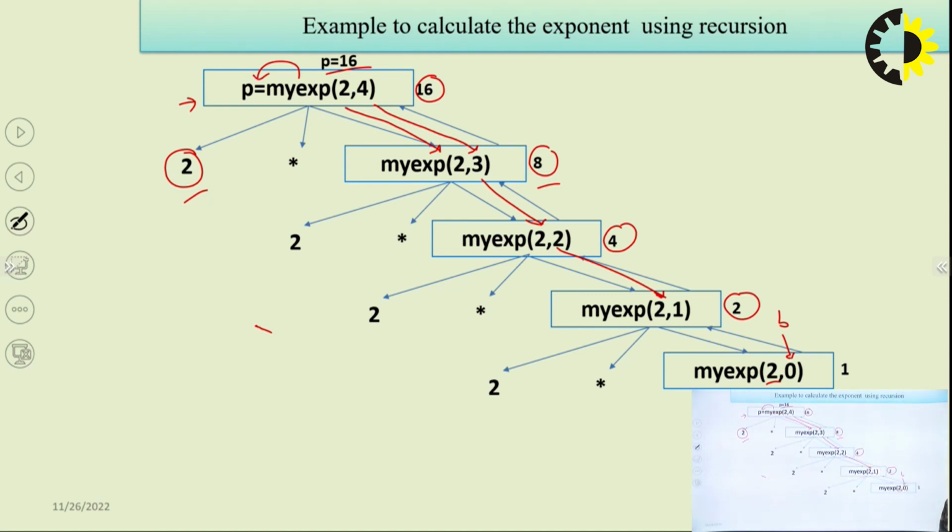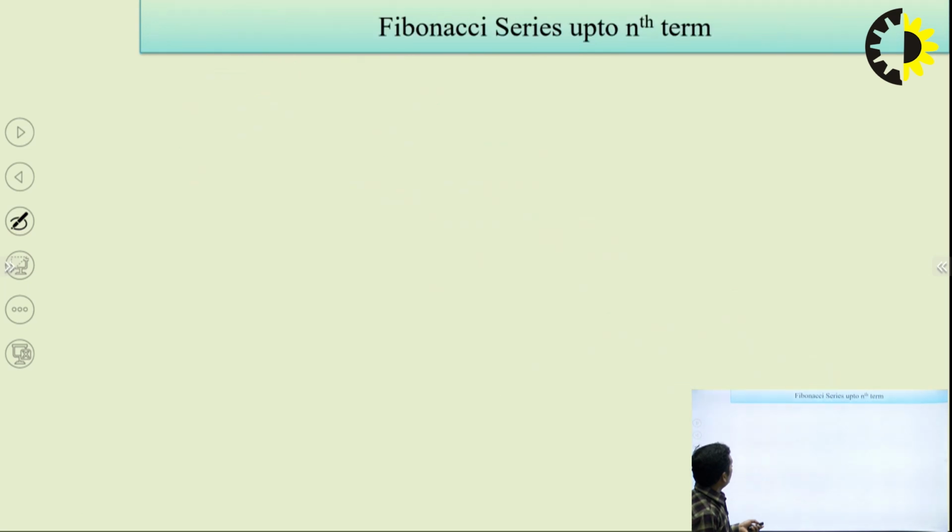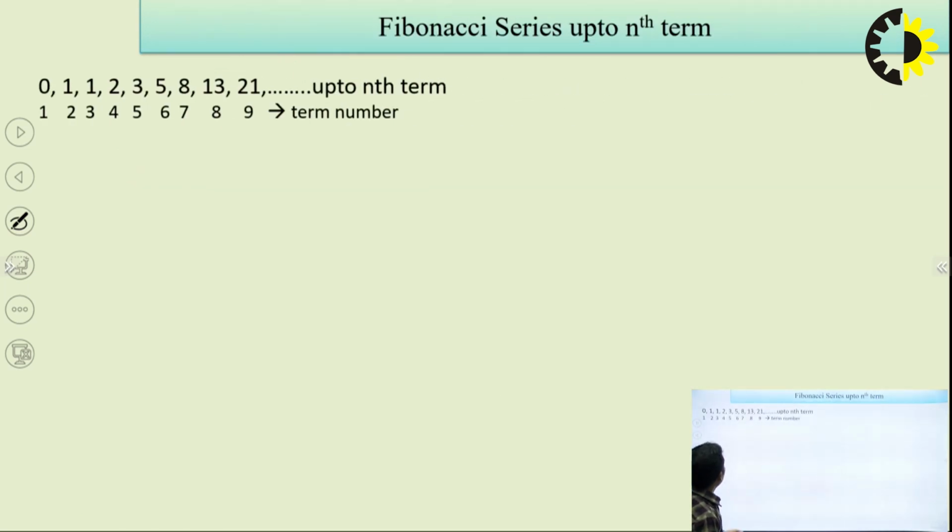So we get the final output. Where do we get the final output? In the first recursive call. When we call the function, we get the final value from where we called the function.